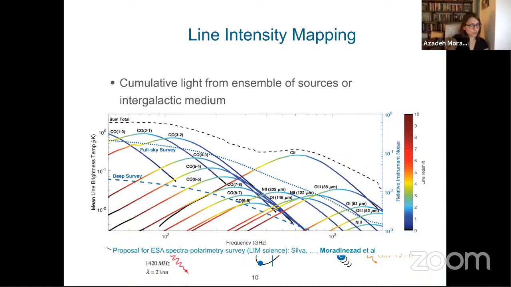This is shown in this plot, where I'm showing the mean line brightness temperature on the vertical axis versus the frequency of the line. As you can see, from left to right, you start from various rotational lines of carbon monoxide, then we have the C2 line in the range of 1,000 gigahertz, and lower amplitude lines like oxygen lines and so on.